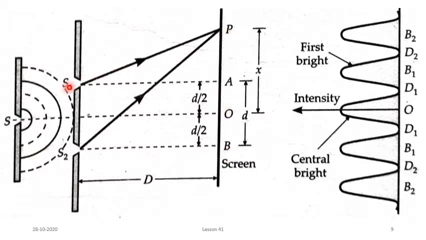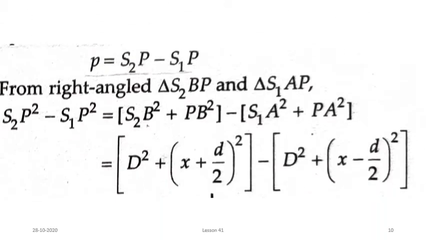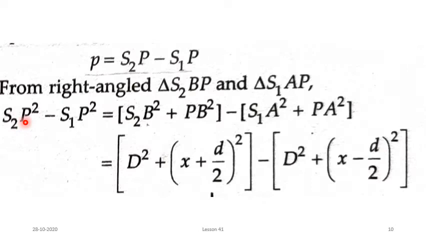Similarly, in your right angle triangle S1AP, S1P square equals S1A square plus AP square. So if I take the difference of this length and this length, it should give me the path difference. So I can write S2P square, which is S2B square plus PB square, minus S1P square, which is S1A square plus PA square. Fine.